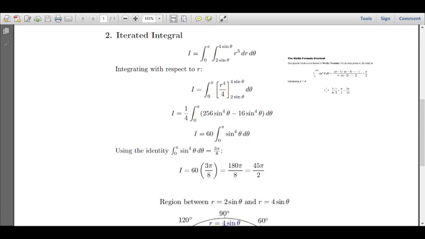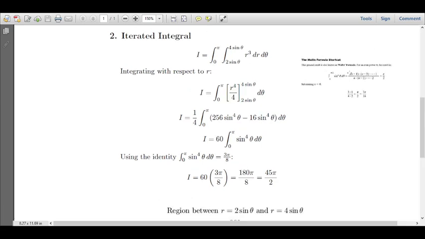Now to evaluate integral 0 to pi by 2 sin power 4 theta, we are using the reduction formula, that is the Wallis formula shortcut. What is this? Integral 0 to pi by 2 sin power n theta d theta equals (n minus 1)(n minus 3) and so on, that means we subtract the power 4 from odd numbers, 4 minus 1, 4 minus 3, divided by subtracting 4 from even numbers, first 0 and then 2 and so on, 4 minus 0 and 4 minus 2.